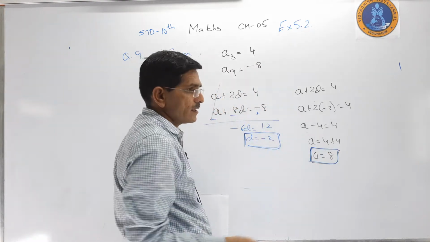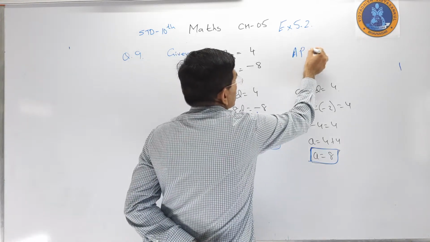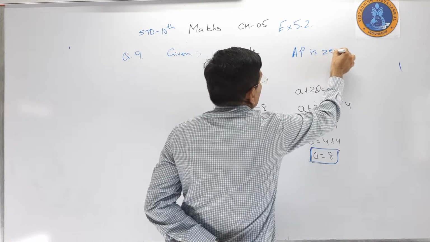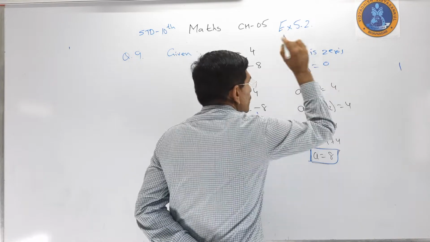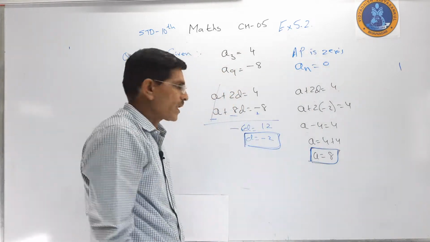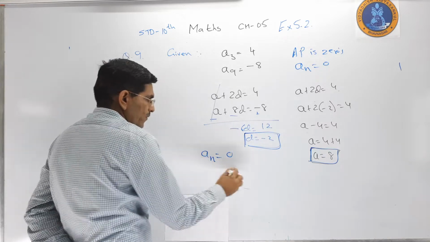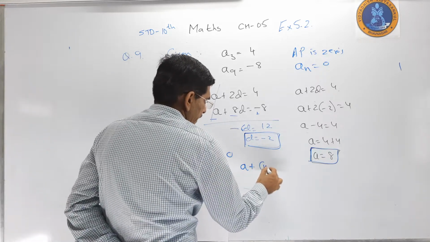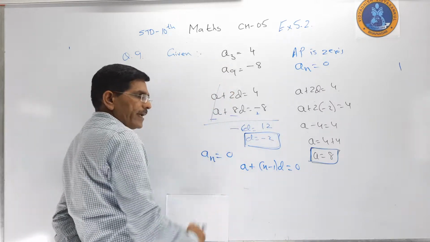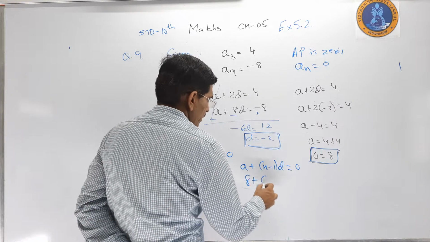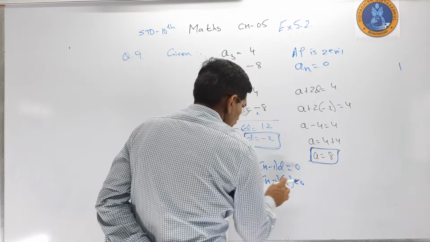Now the question is, which term of the AP is 0? Then I have to put AN equal to 0. Therefore A plus n minus 1 D is equal to 0. Now if I put A here, then 8 plus n minus 1 into D, that is minus 2, is equal to 0.